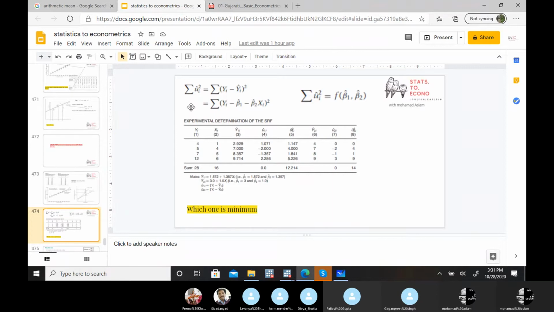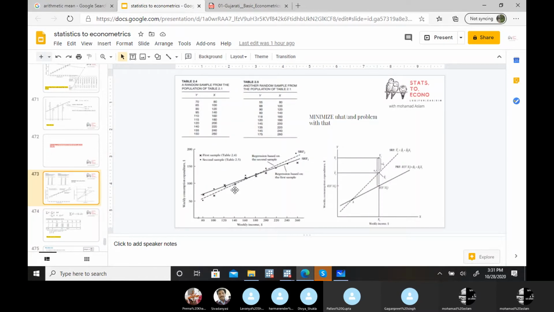So in place of that, it's not about judging the sample actually. This particular strategy is that if you can make a regression line with two different types of parameters, with two different methodologies, then whichever gives you the minimum u hat value, that particular methodology you can adopt.